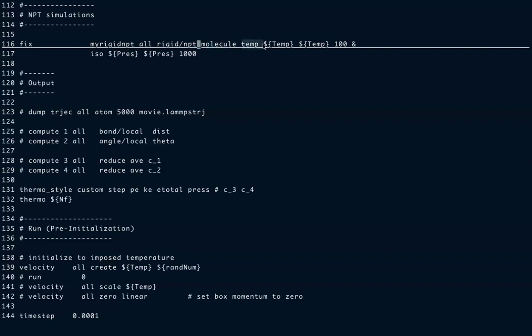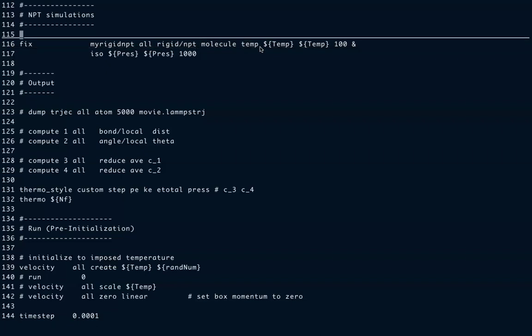And now you have to tell something about the temperature. You need to specify the temperature that you wish to equilibrate to. So that's given by this temperature here. And to keep the temperature constant, there is something called a thermostat. And to keep the pressure constant, you need something called a barostat. A thermostat works by rescaling the velocities of the particles every few time steps, and you're specifying how frequently you should do that.